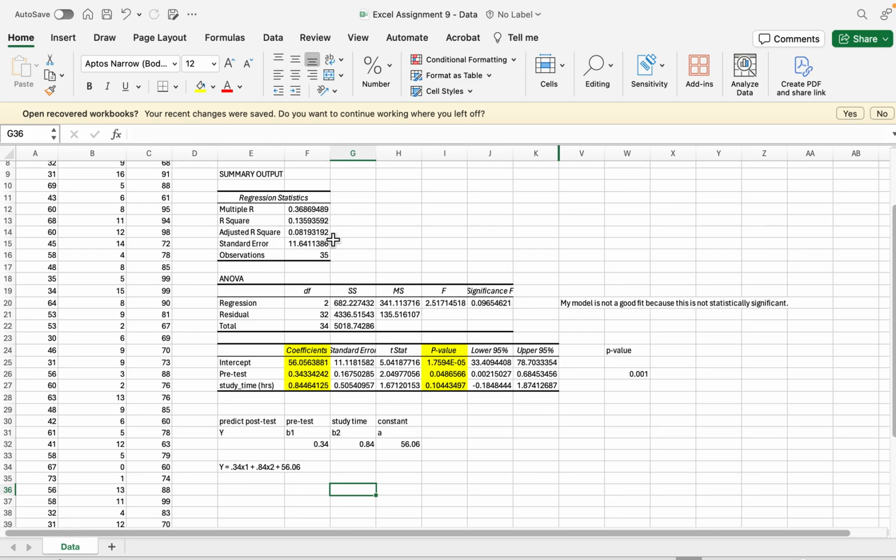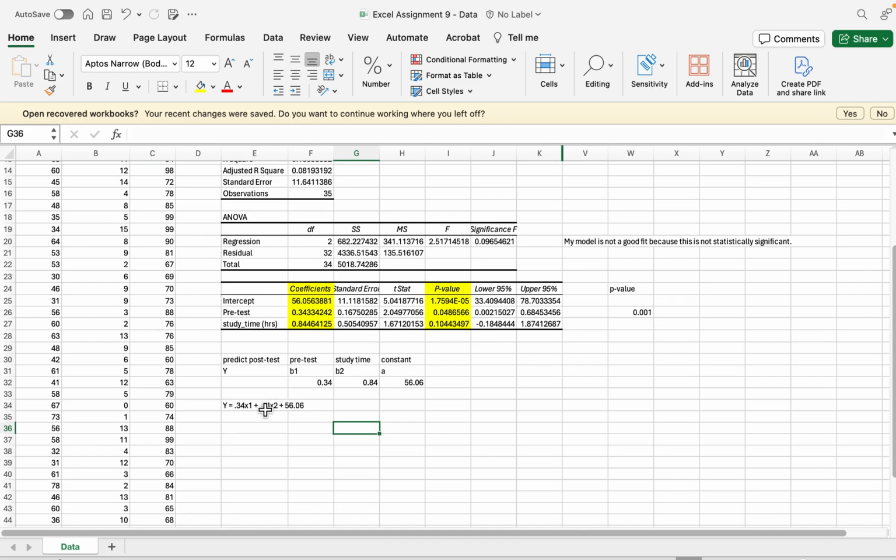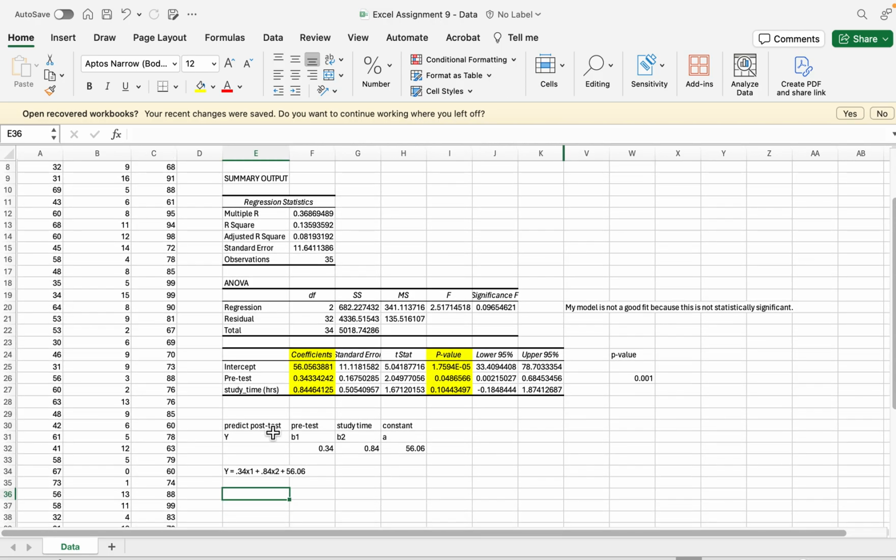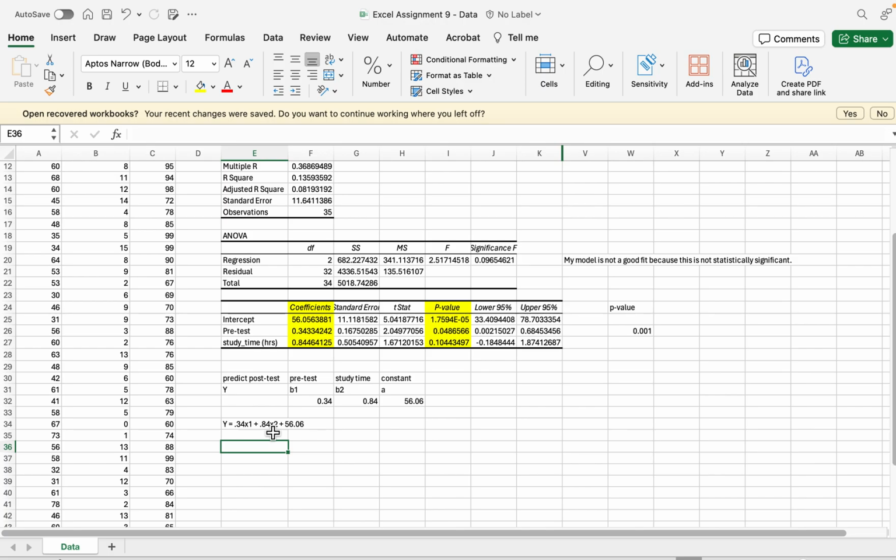I'll explain what these are up here, but basically this model isn't as predictive as it could be. It's not a very good model, but I'm going to explain to you what these parts are and how to use them. So if I were using this equation and I wanted to plug numbers in, I don't add a y because that's what I'm trying to predict, right?